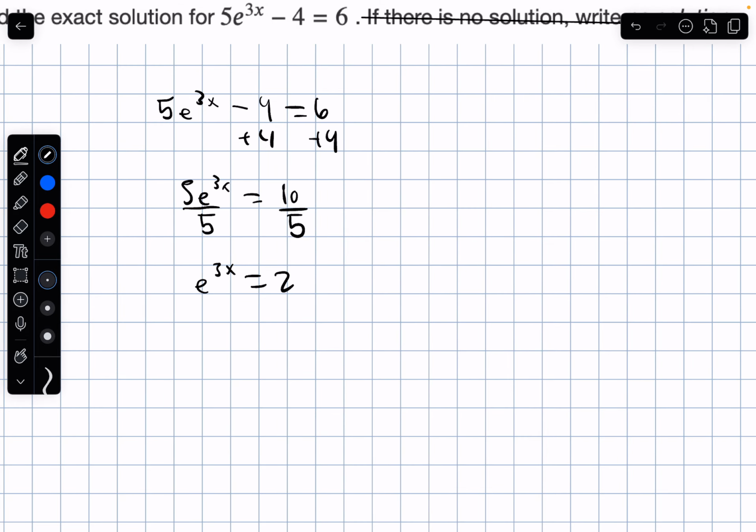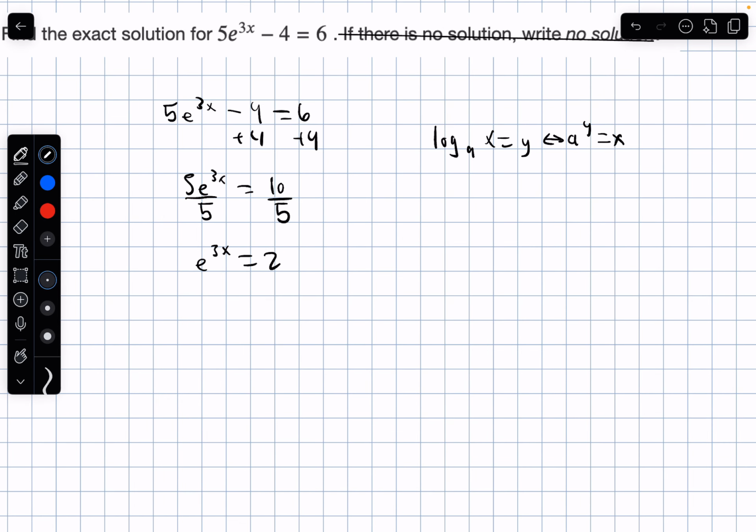Now is where we use some of the knowledge that we've been learning through this week and a little bit in algebra too. If we remember correctly, log base a of x equals y when a to the y equals x. This is basically the formula of how to solve for exponents.